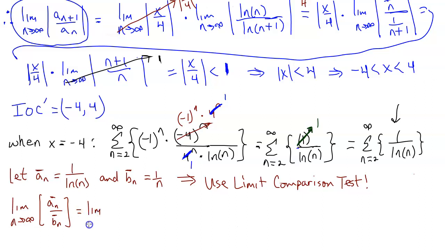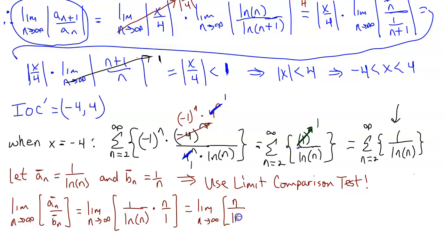Our A sub n is just going to be 1 divided by natural log of n, and our B sub n is the reciprocal of that. And we have the limit as n approaches infinity of n over natural log of n.